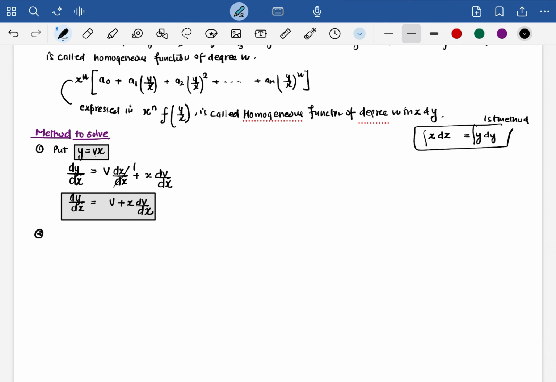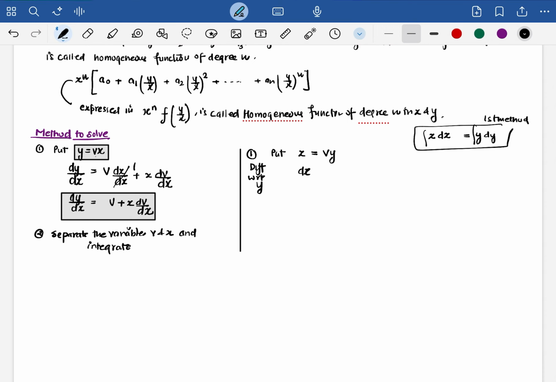Next, separate the variables v and x, and then integrate. Now there is another method too. If your equation is in the form dx/dy, and you want to do the process in dx/dy, then put x = vy and differentiate with respect to y.